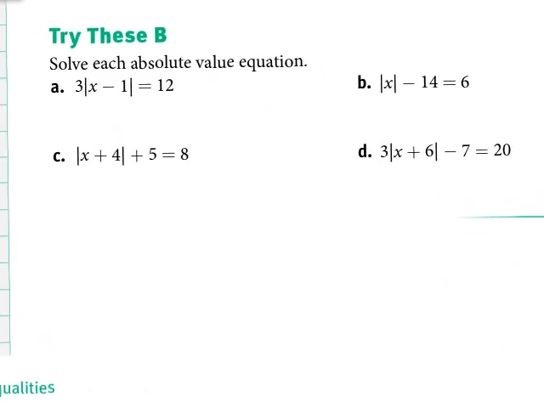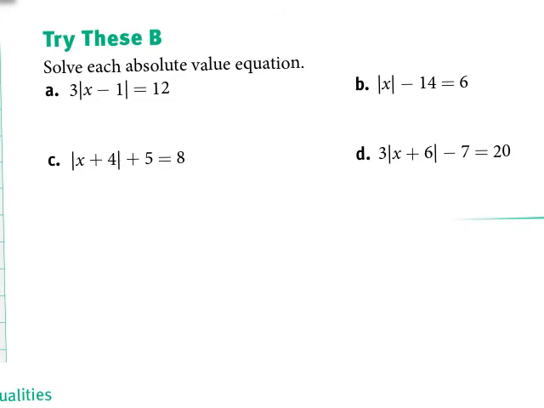So down at the bottom of the page, I'll do A and B with you. Okay. So A, I have a 3 times the absolute value. So opposite operation is going to be divide by 3. So my 3's cancel, and I'm left with absolute value of x minus 1 equals 4. And now I can solve this. So x minus 1 has to be 4 spaces away from 0.